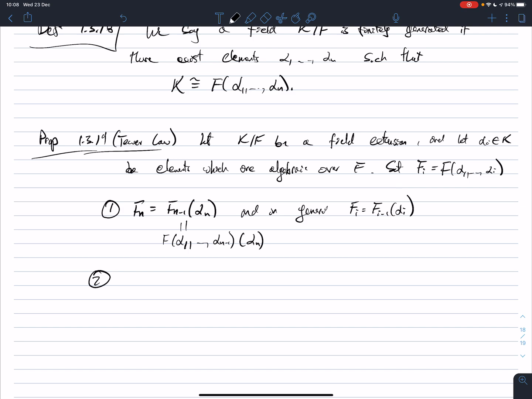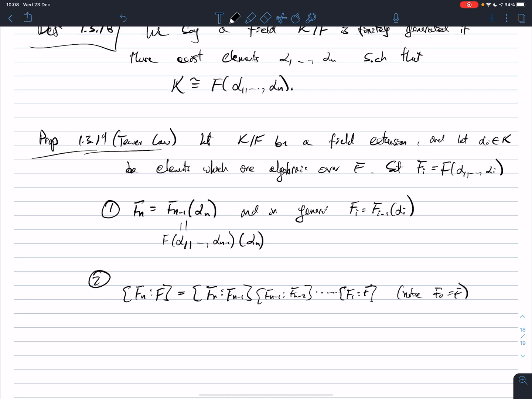And secondly, the degree of F_n over F, you can work this out successively from the partial degrees as you work up. So this is the degree of F_n over F_{n-1} times F_{n-1} over F_{n-2}, all the way down to the product, all the way down to F_1 over F. I'm just going to note F_0 equals F in this notation.